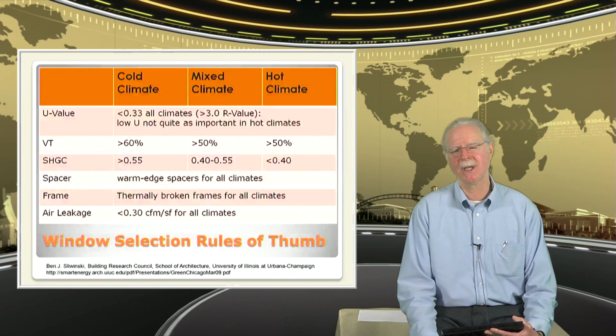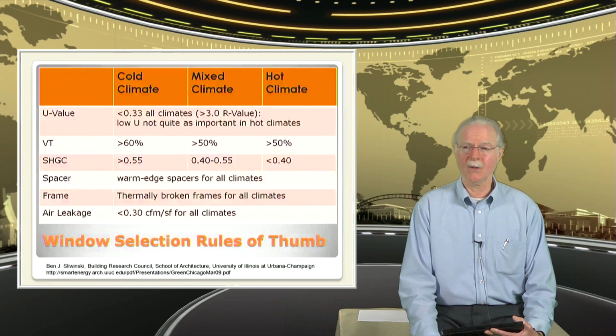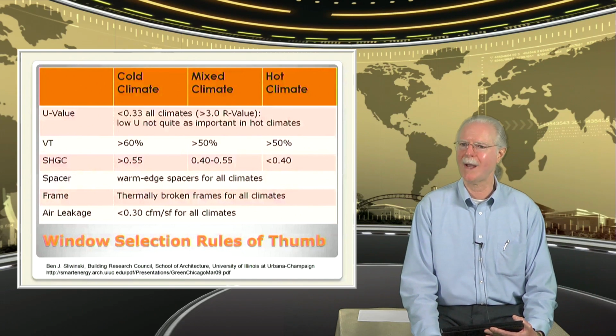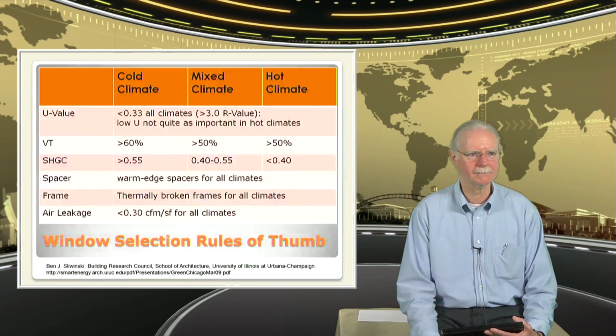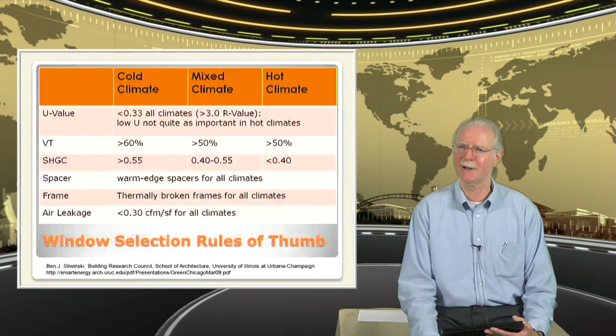When we go to the opposite end of the scale, when we're looking at hot climates, you still want fairly good resistance to conduction. But it doesn't become quite so critical, so it's harder to justify high R value windows. You can probably justify triple glazed windows in a very cold climate.